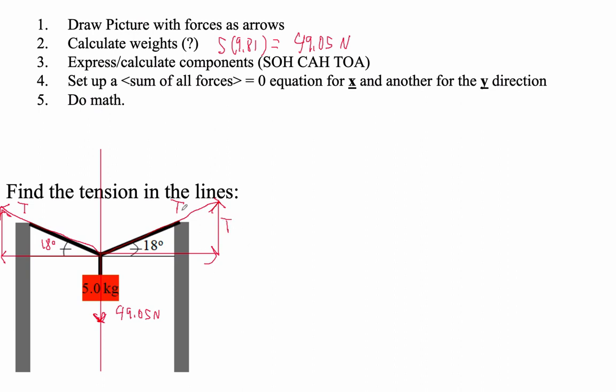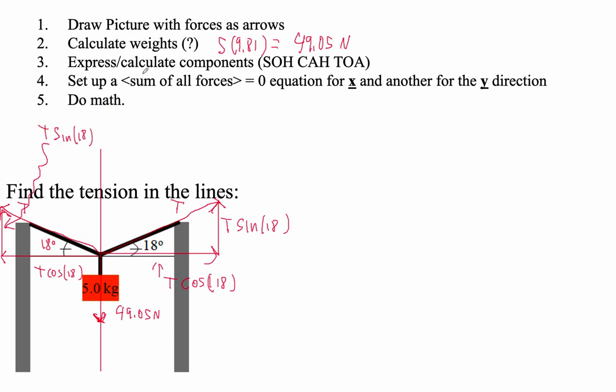So it's T, and we have an unknown. Since we don't know that, we just go T sine 18. And then this side here is T cos 18. And this side here is also T cos 18. And then that little side right there is opposite, so it's T sine 18.